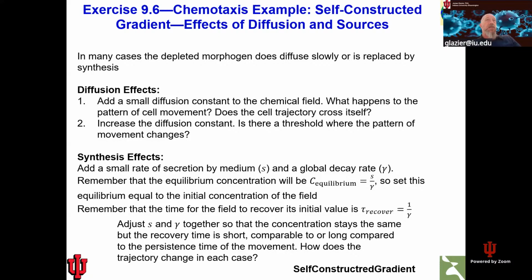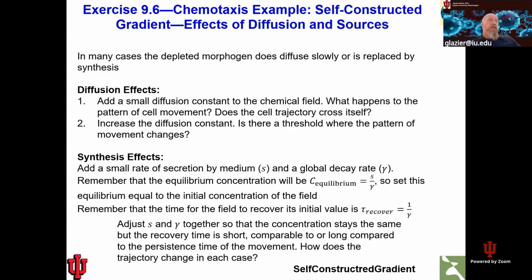Also, if you make the diffusion constant very big, it's possible that you never get enough of a gradient for the cell to start moving at all. It smears out, remember, this is fundamentally amplifying an initial random movement. And if you have the diffusion be too big, it destroys the initial randomness.